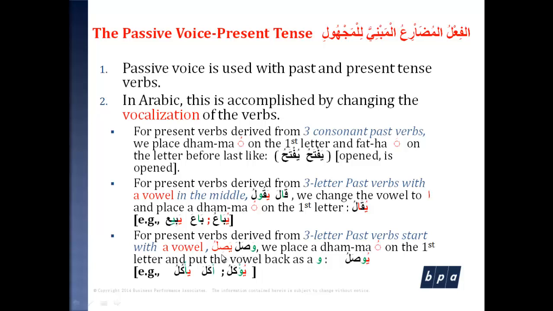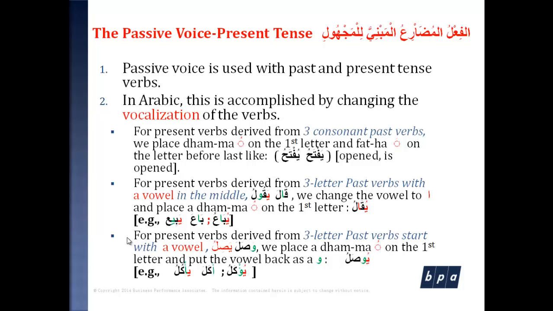Wasala, yasilu, yusalu. So again, let's review this. For the three-letter verbs that start with a vowel, that vowel changes to a waw when we take it to a passive tense, and we add a ya for a he.